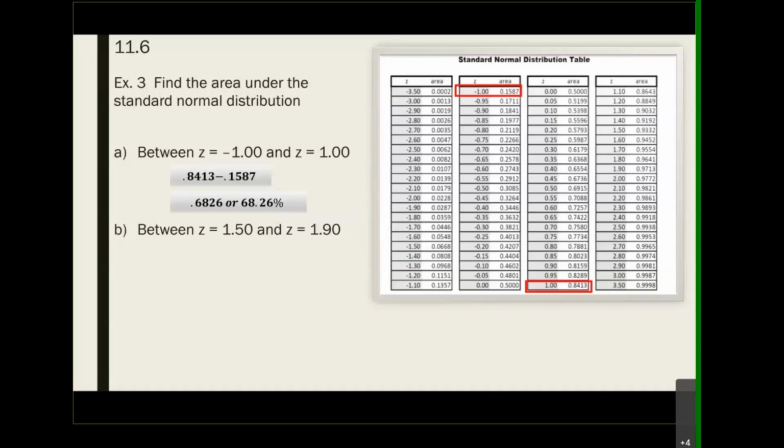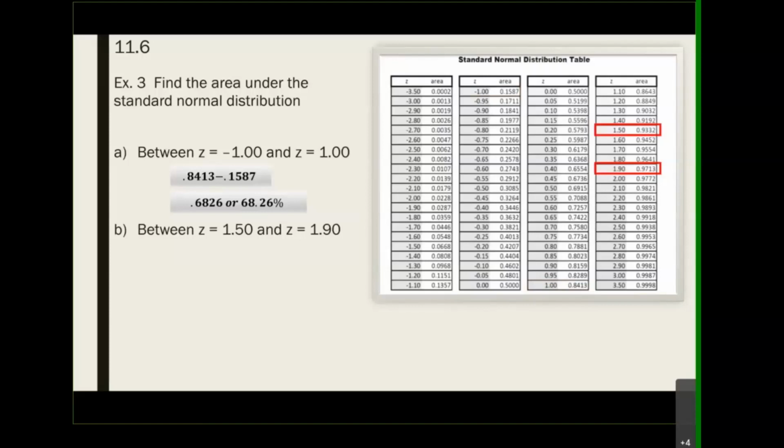Looking at this, we have the z-scores. Now we need to know the area associated with 1.5 and the area associated with 1.9. As you can see, 1.5 is 0.9332 and 1.9 is 0.9713.